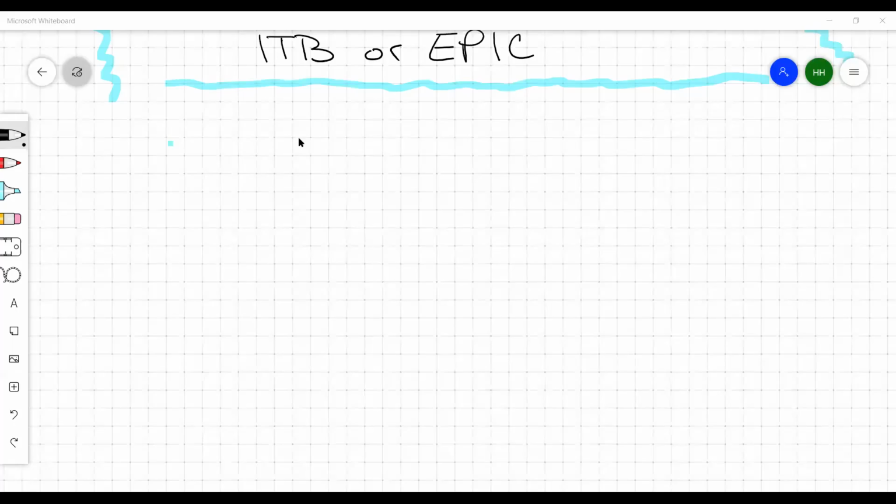Okay, today we are going to be classifying triangles. And there's a couple of different ways that you can classify triangles, and we're going to start off with classifying triangles by angles.